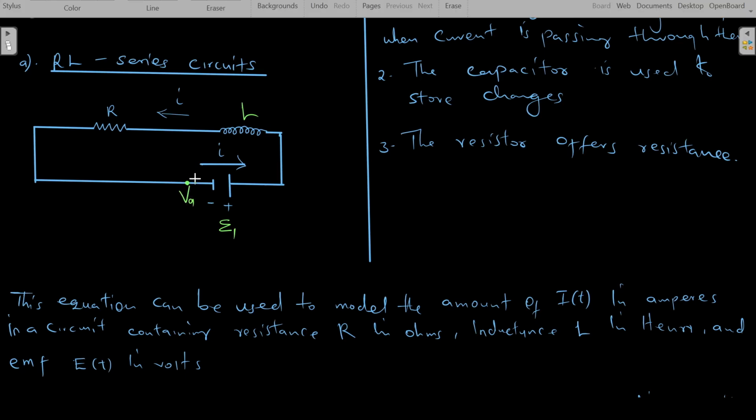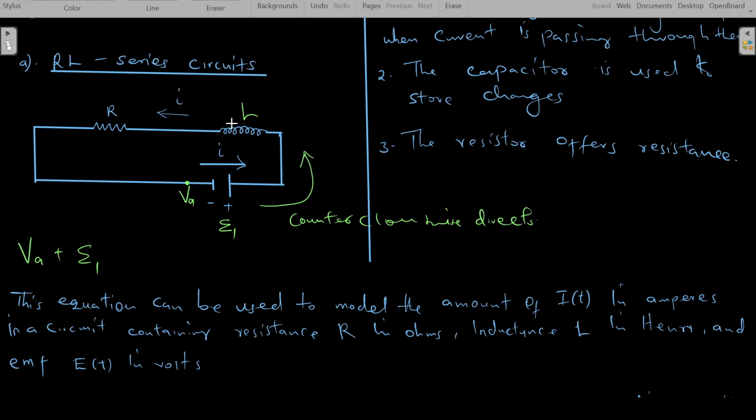If we traverse from point A and we go in the counterclockwise direction, we should get our complete change in potential, the algebraic summation of the potential, as VA added to this, which is going in the same direction as the EMF arrow, so E1, and then along the lines we don't have potential changes.